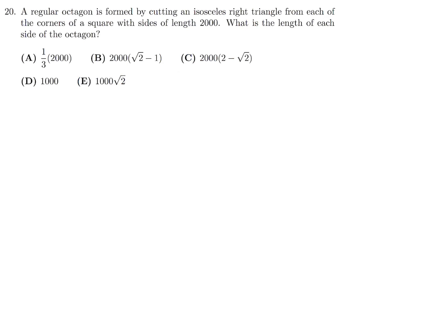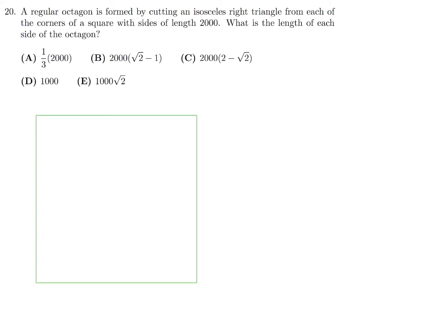A regular octagon, okay, 1, 2, 3, 4, 5, 6, 7, 8 sides, is formed by cutting an isosceles right triangle from each of the corners of a square with sides 2,000. What is the length of each side of the octagon? Okay, so let's draw in a square.